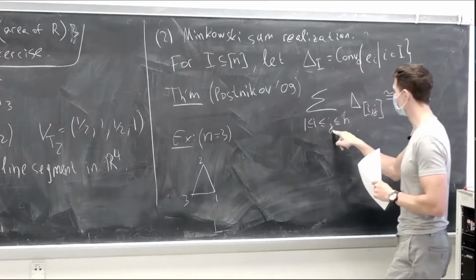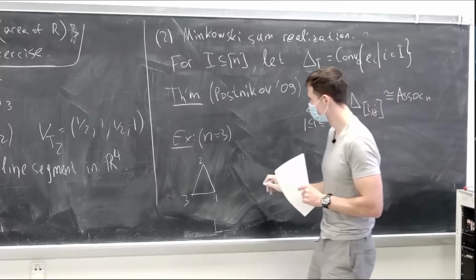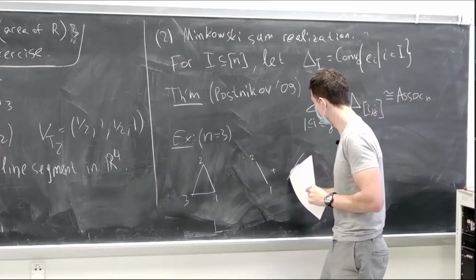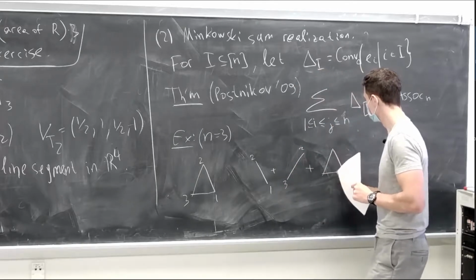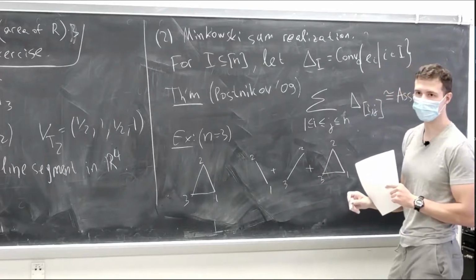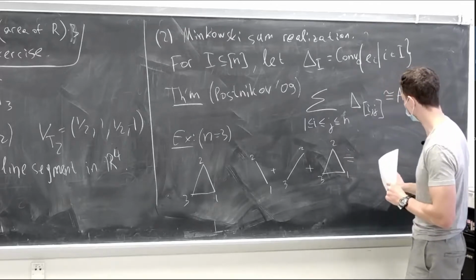Okay, so which ones do I get? First of all, when i equals j, this is a single point, so I can ignore that. So I take [1,2] plus [2,3] plus [1,2,3]. These are the 3 summands in this. All right, so do I get a pentagon or not? Let's see.